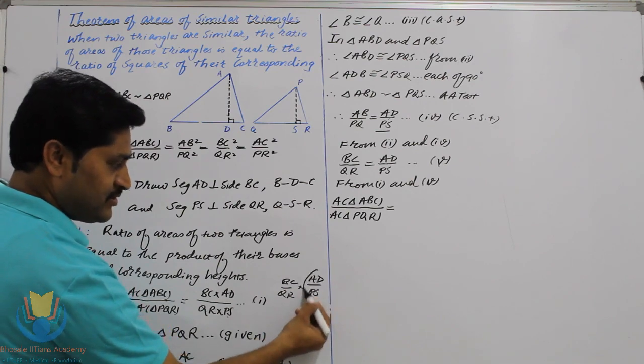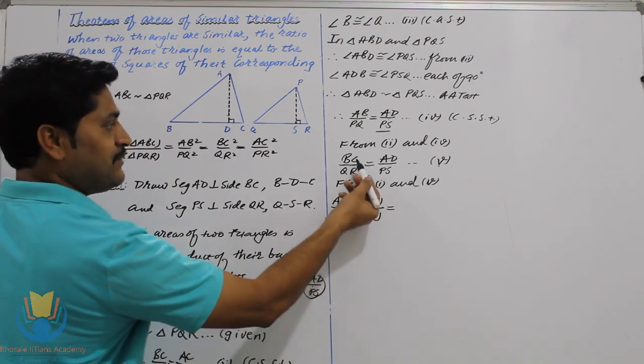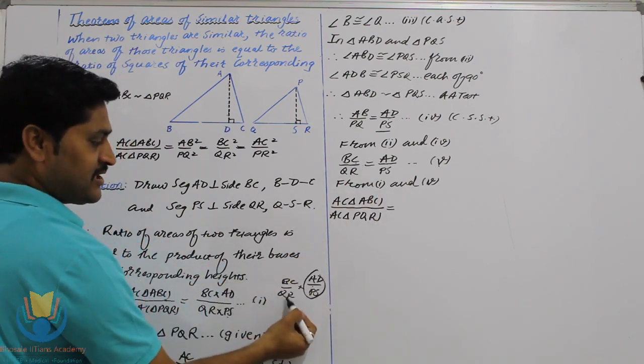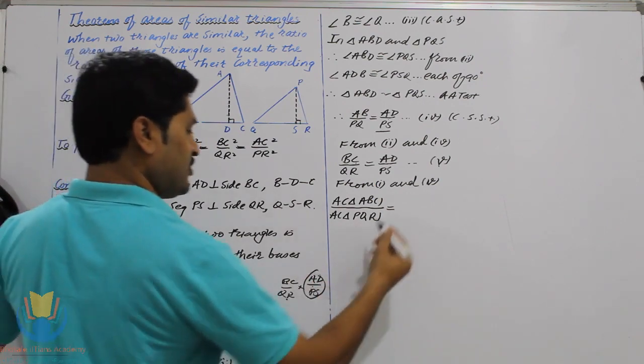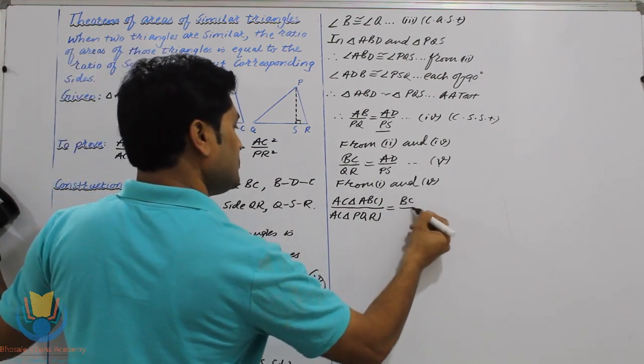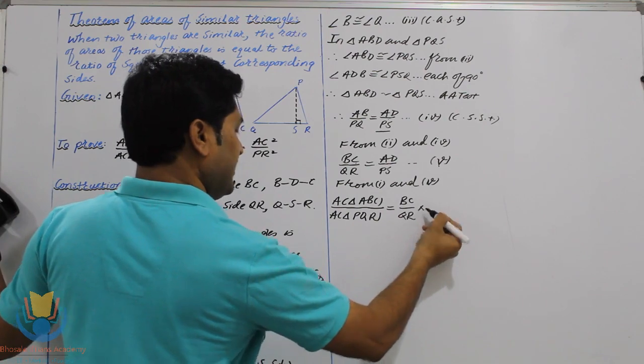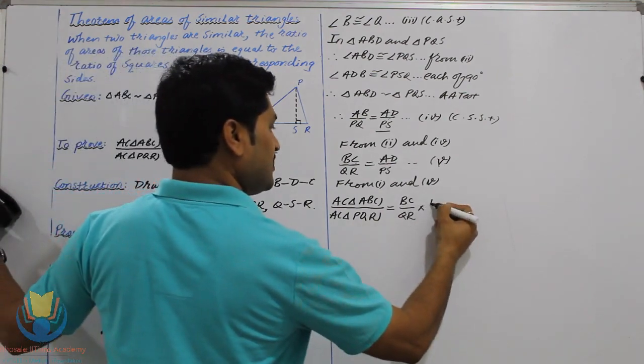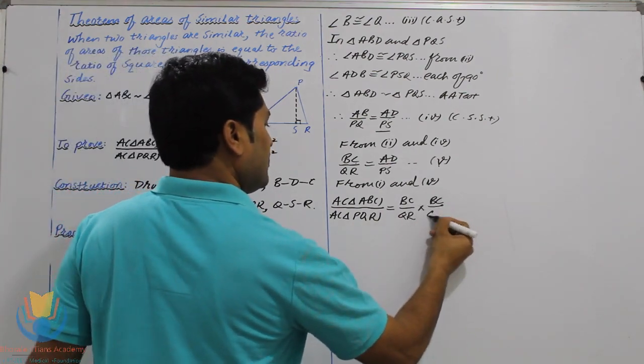So that AD by PS we are replacing it by BC by QR, so that is BC by QR into BC by QR. So this BC by QR into this AD by PS is nothing but BC by QR.